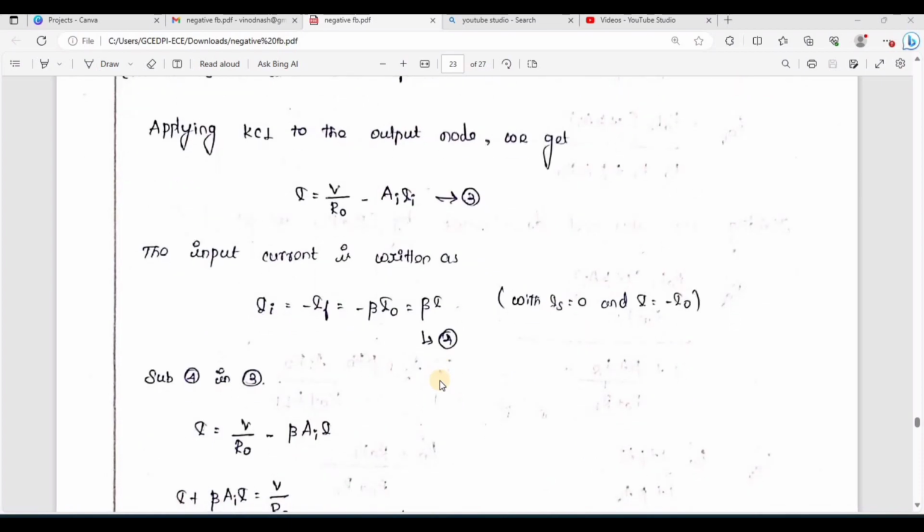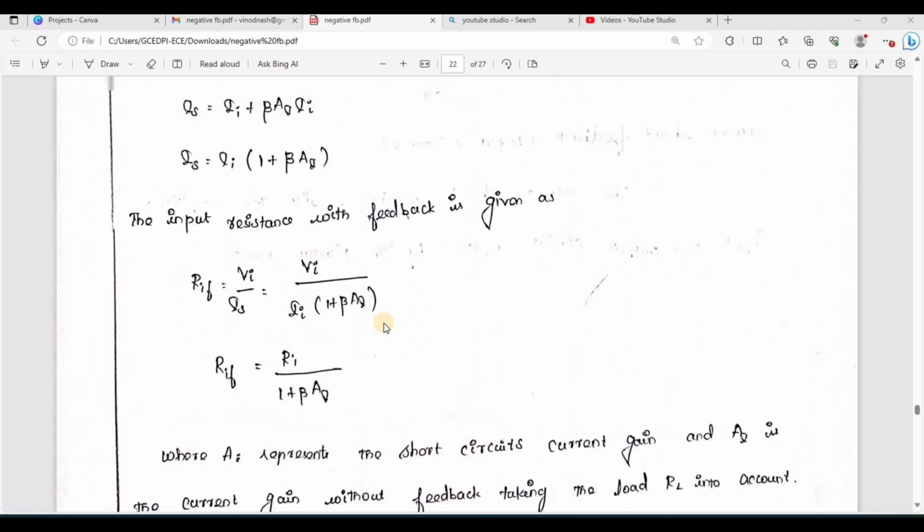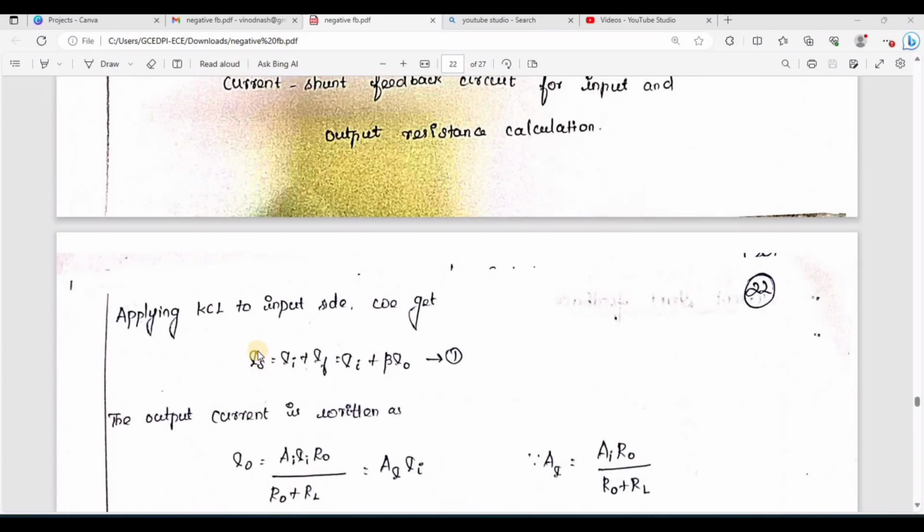Instead of Ia, you have to substitute. Since we have taken Is equal to 0, I can write Ia is equal to minus If.